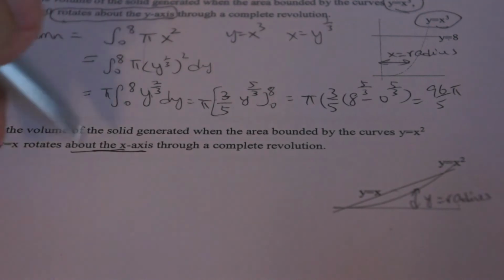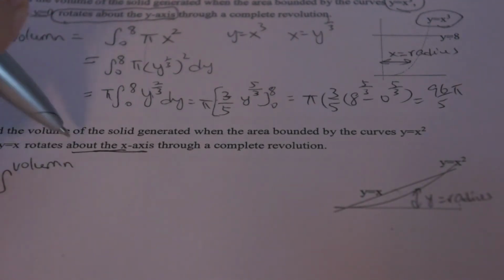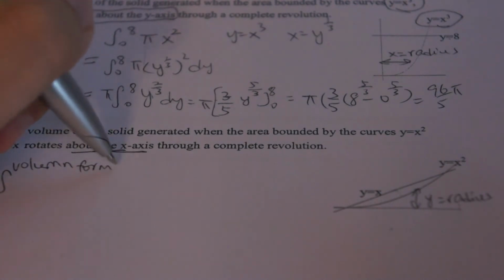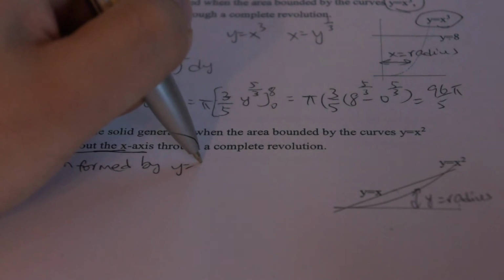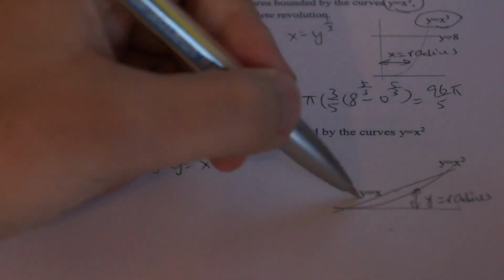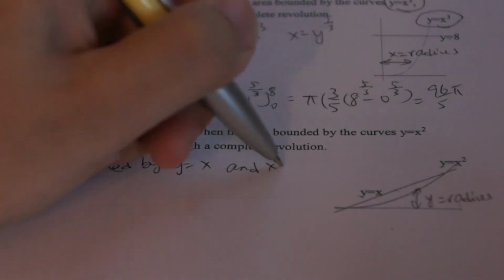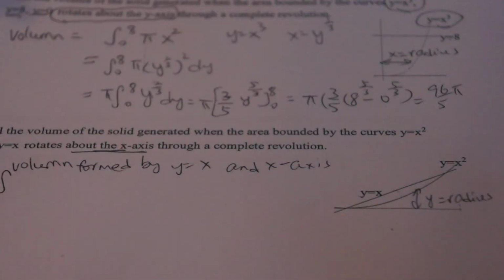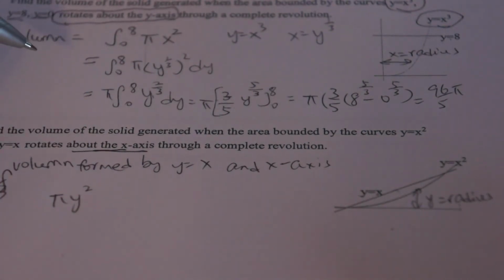Okay, and then the next one is that you are going to find the volume formed by y equals x, which means this one, with the x-axis. Since y is the radius, we have pi y squared.